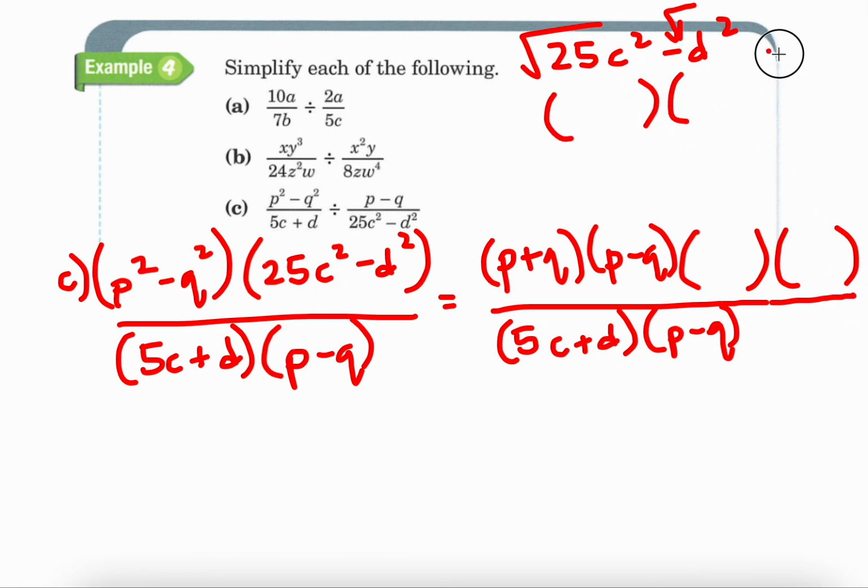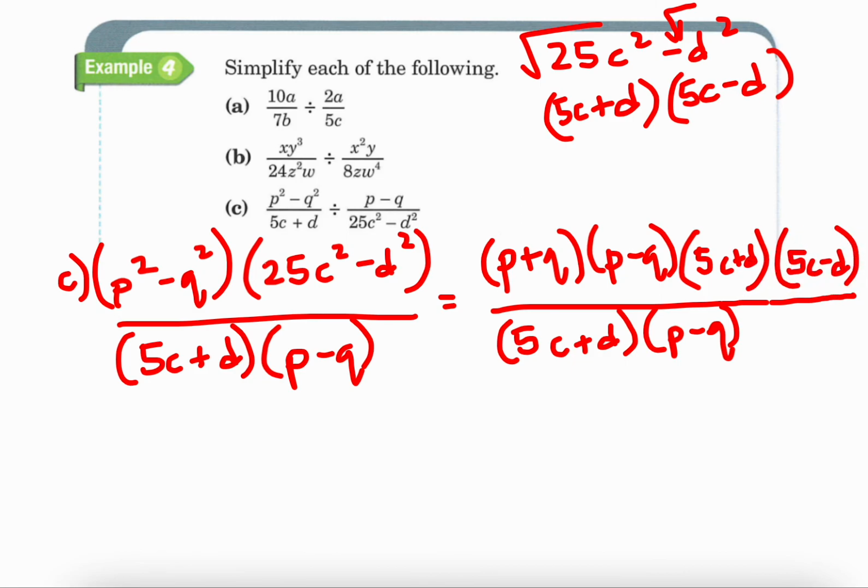One is an addition and one is a subtraction. Square root of 25 is 5, so it's going to be 5c over here, 5c over there, and then square root of 1 is just d and d. So I have 5c plus d, and then a 5c minus d.